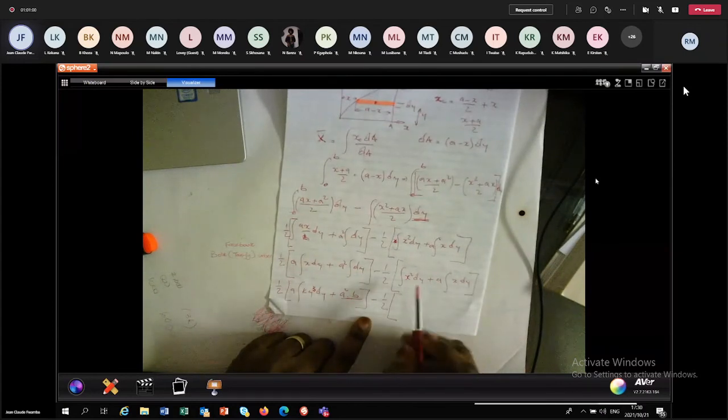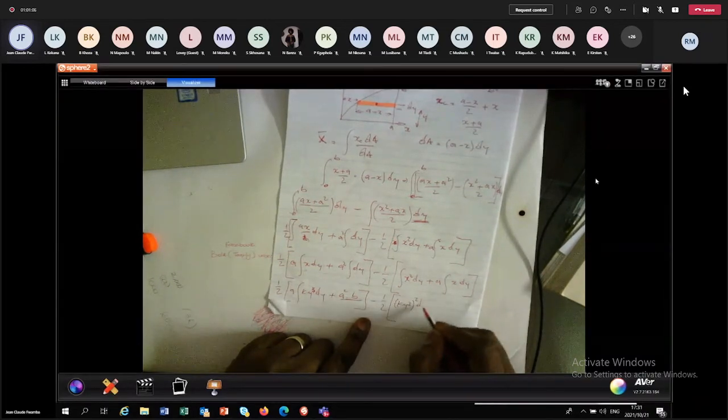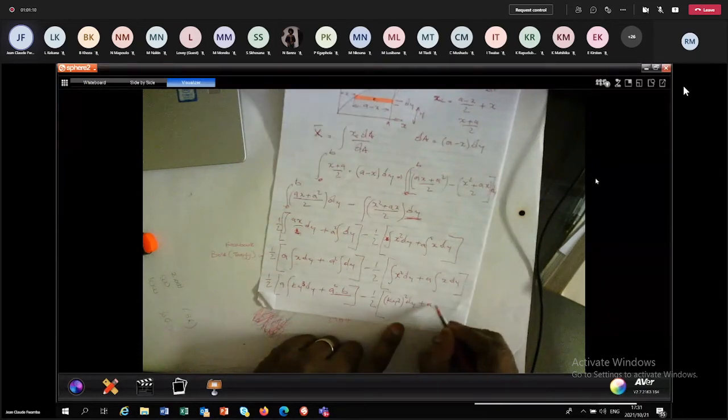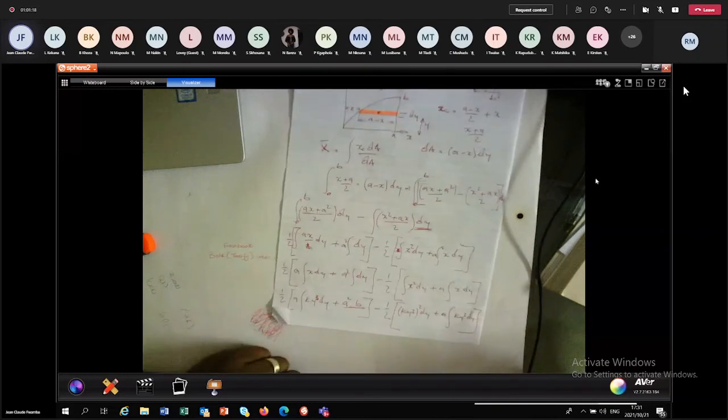Then the integral of (k y cubed) squared dy plus a times the integral of k y cubed dy. Are we on the same page so far?